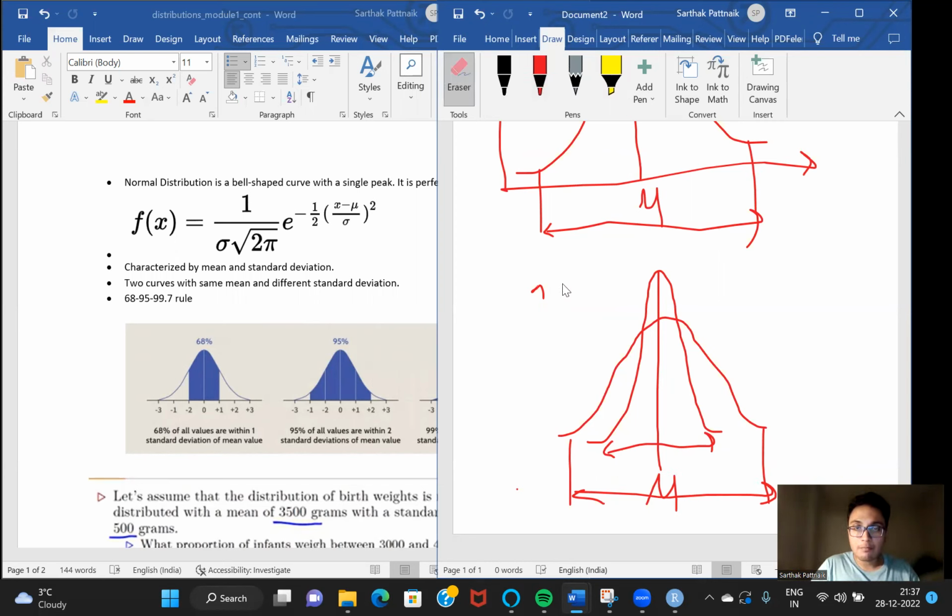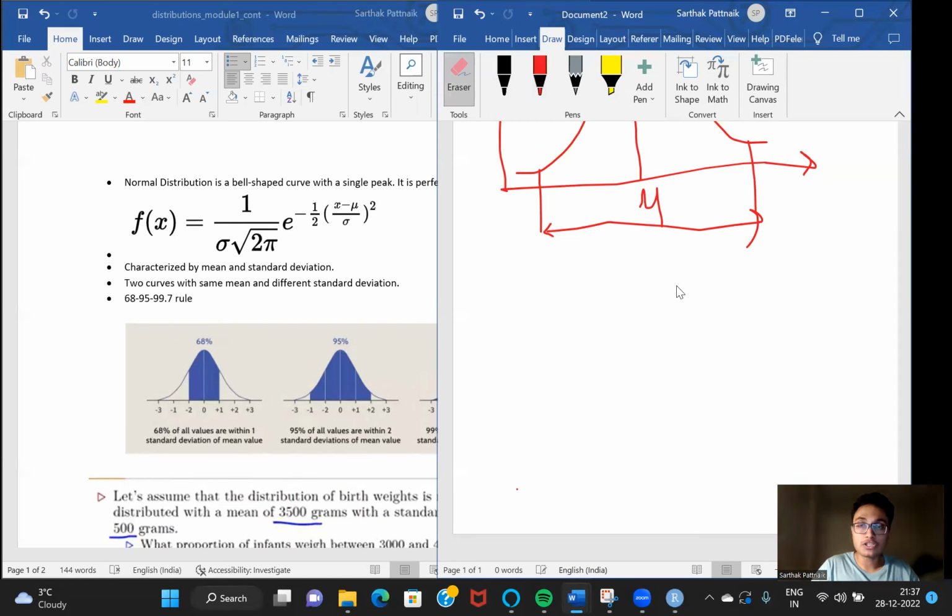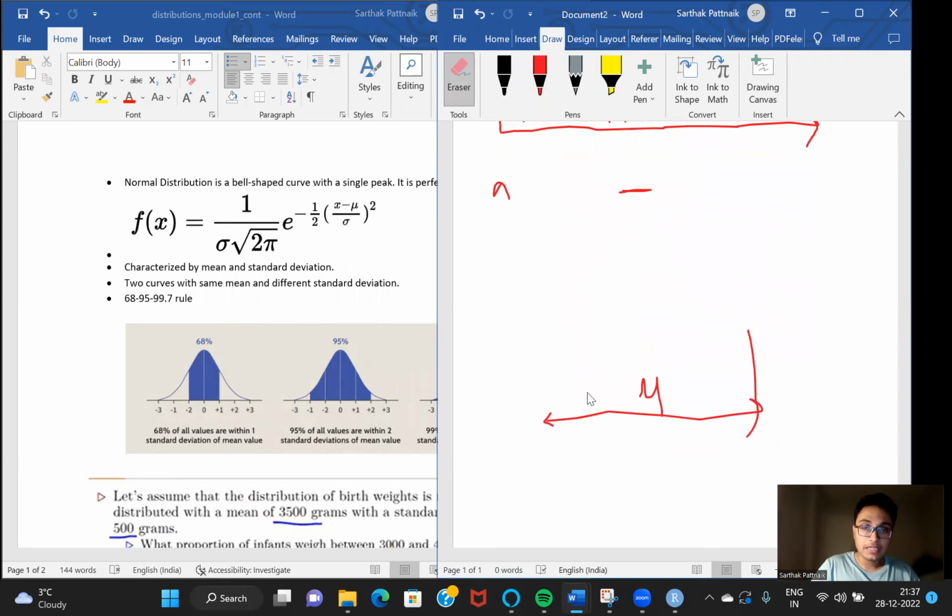Now, coming to a very important and recurring property of the normal distribution or the bell curve is the 68, 95, and 99.7 property, or what statisticians also call the 68, 95, and 99.7 rule.